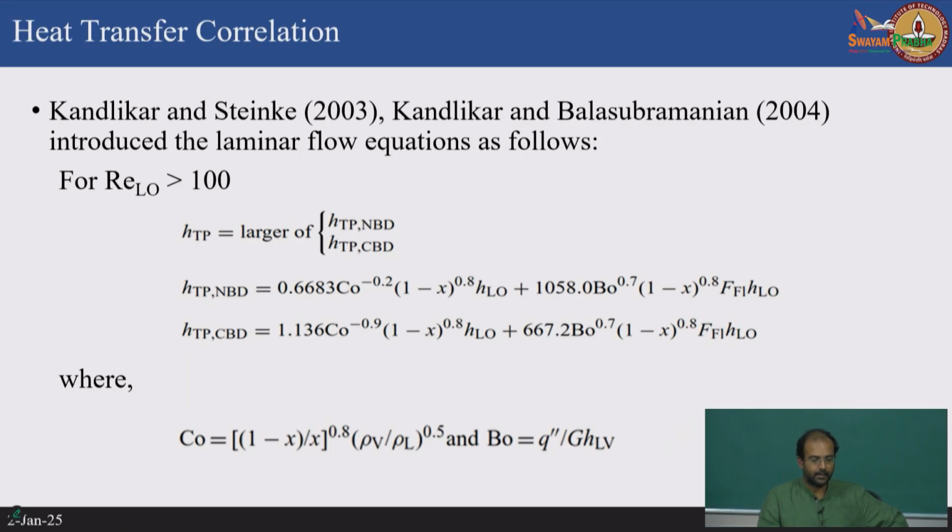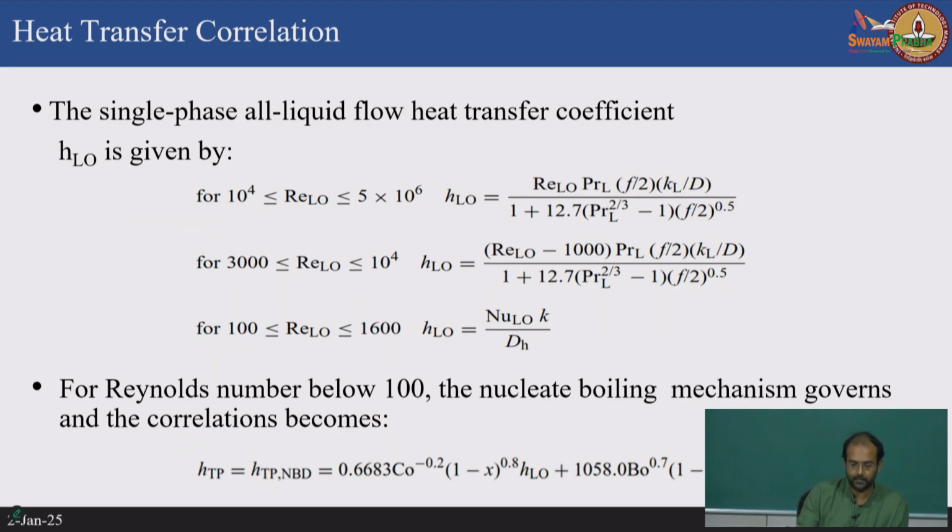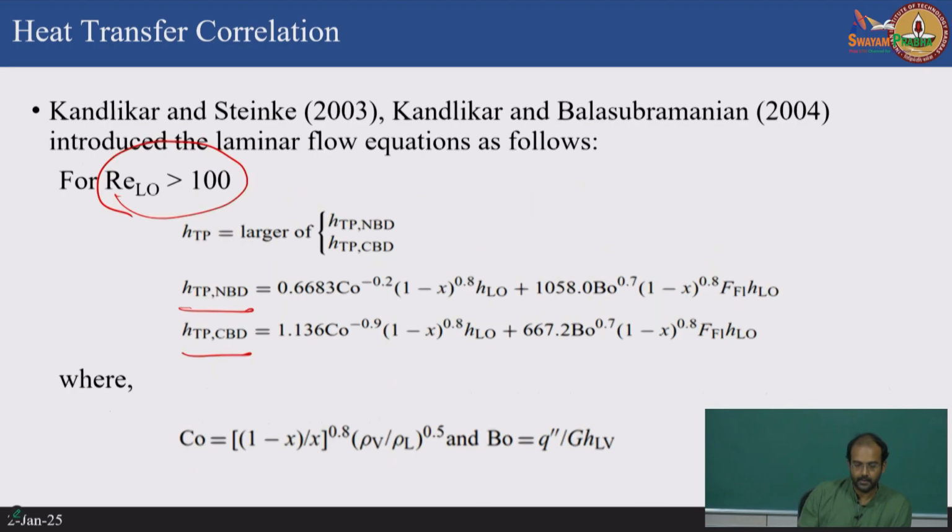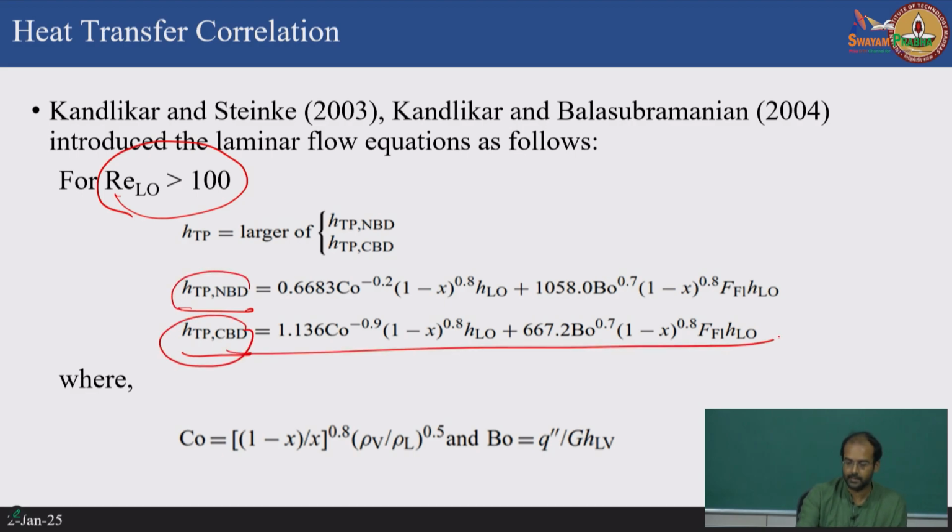Finally, for the heat transfer coefficient, you again have a very famous correlation given by Kandlikar. He has classified that for Reynolds numbers above 100, it will be primarily in the convective boiling dominant regime. He has given two correlations, one for nucleate boiling and one for convective boiling, and depending on the Reynolds number, if it is very large, it is dominated by convective boiling, so only that correlation will be used.